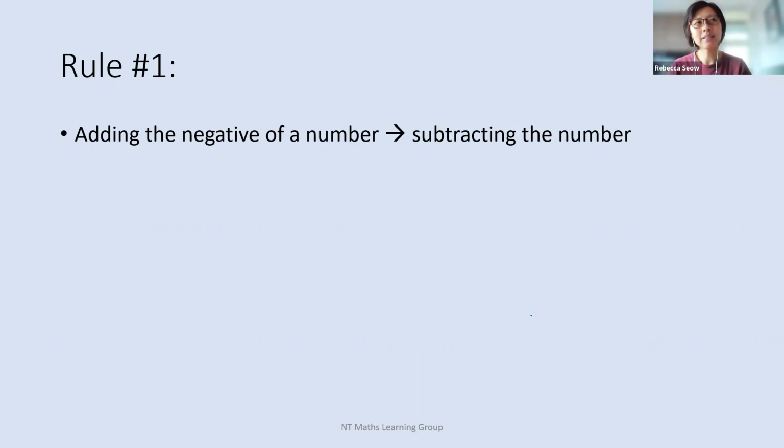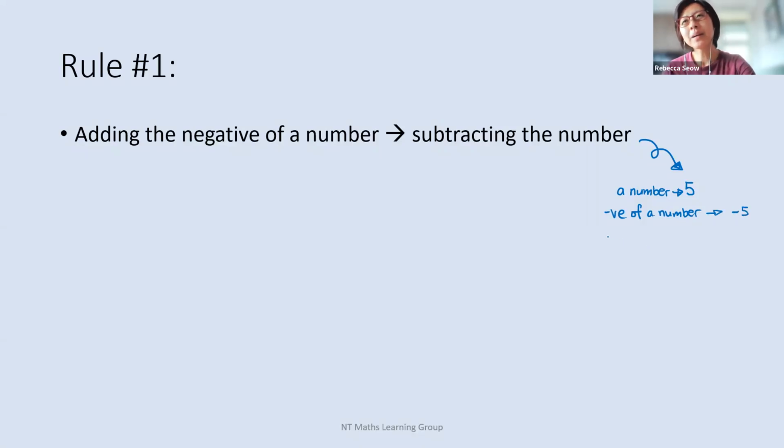In other words, if we have a number, say 5, the negative of the number becomes negative 5.